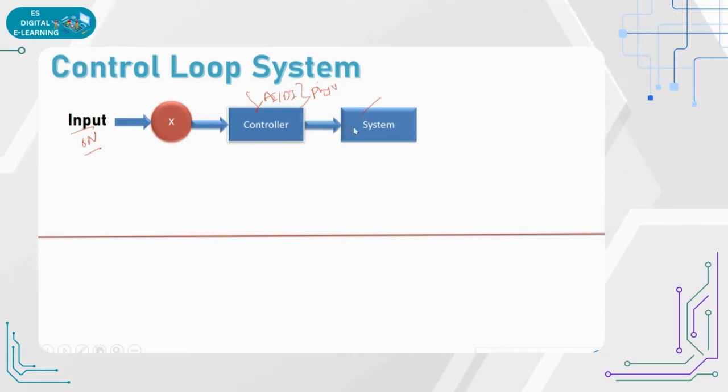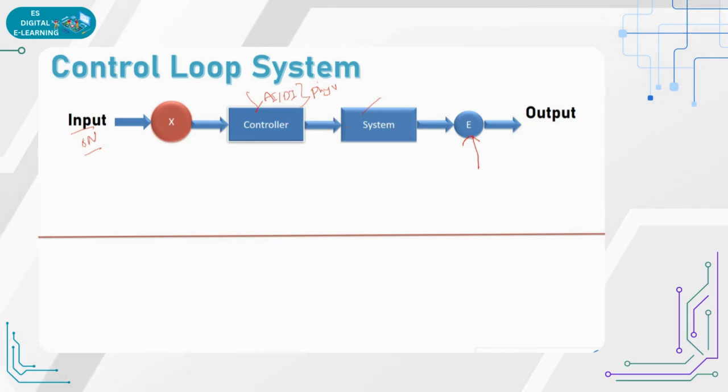That input we give to the system, and if there are any errors, we get the output. Before going to the output, it will verify that the physical value needs to be adjusted. Like if you set the room temperature to 24 degrees centigrade, the controller reads the information externally and tells the system that the input given is 24, and you need to adjust to 20 degrees centigrade.